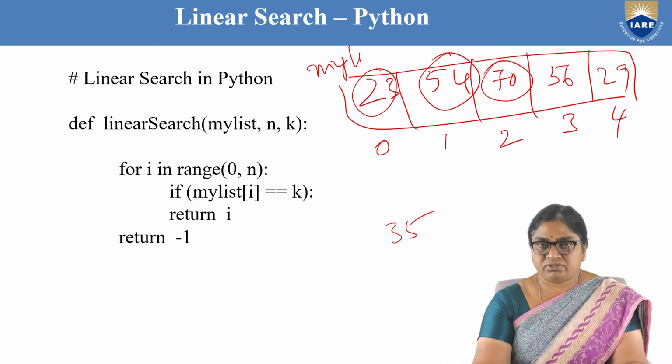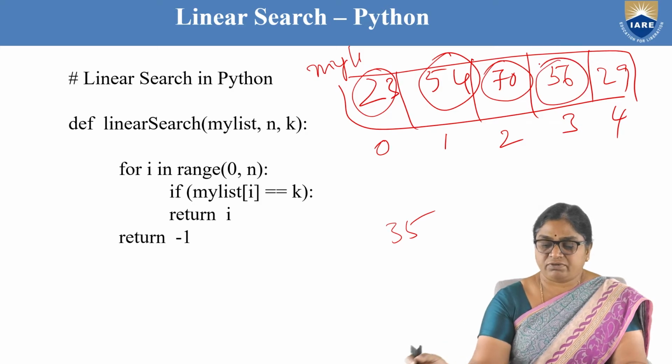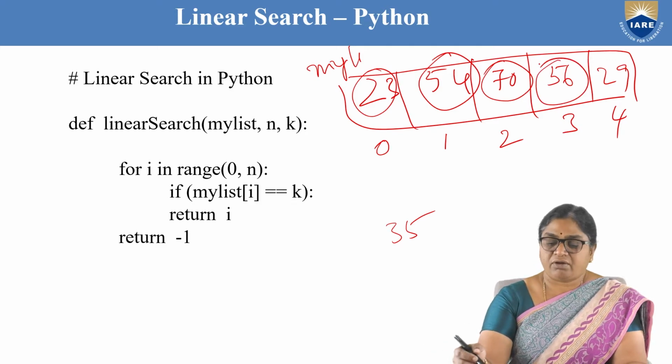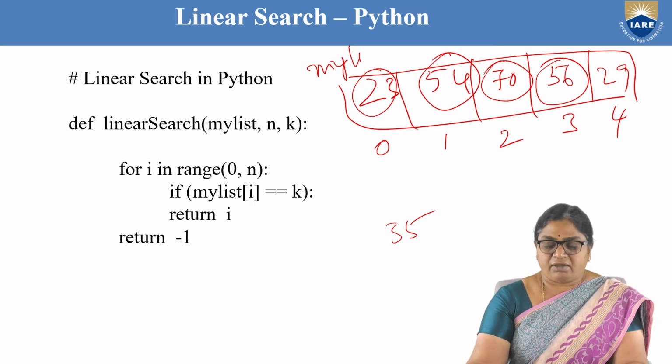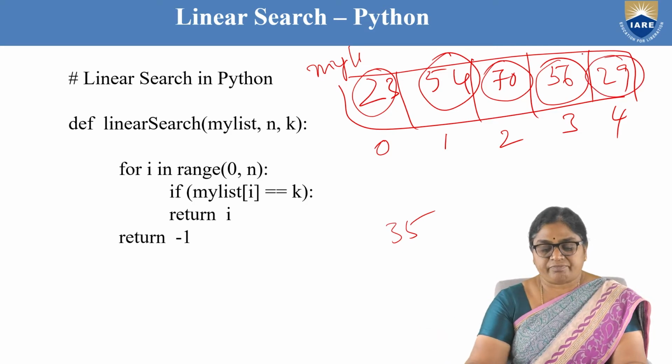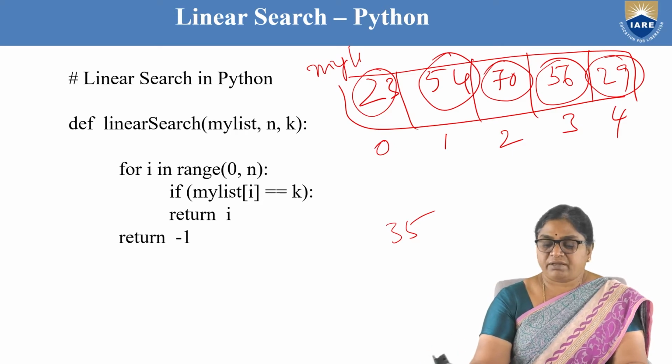Next I becomes 3. Next iteration 56. Now we'll compare 56 with 35. No match. Again I takes value 4. Now here also the key element doesn't match the current element. Now I value becomes 5.